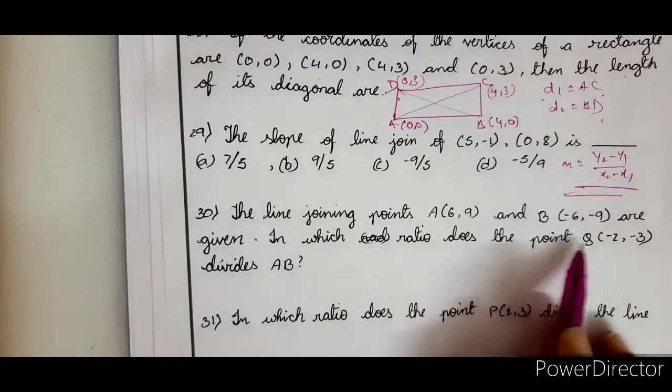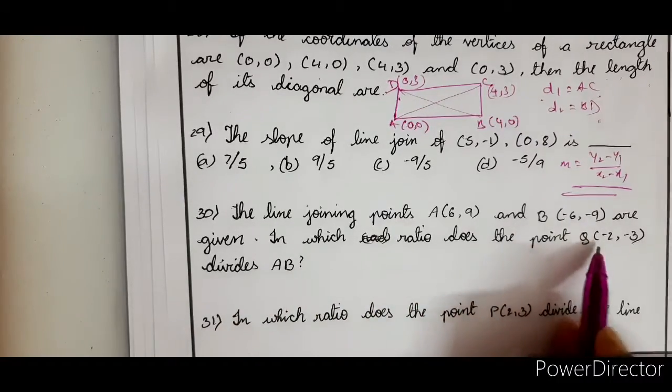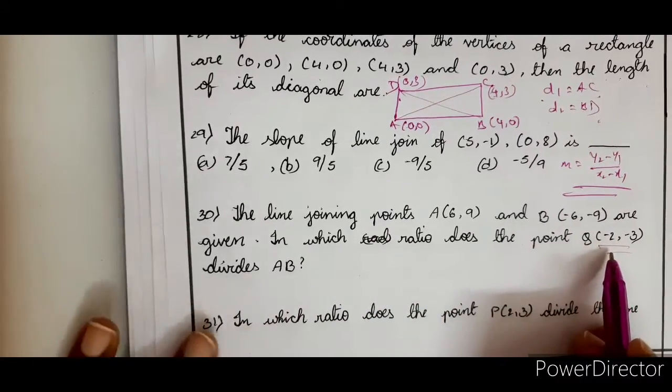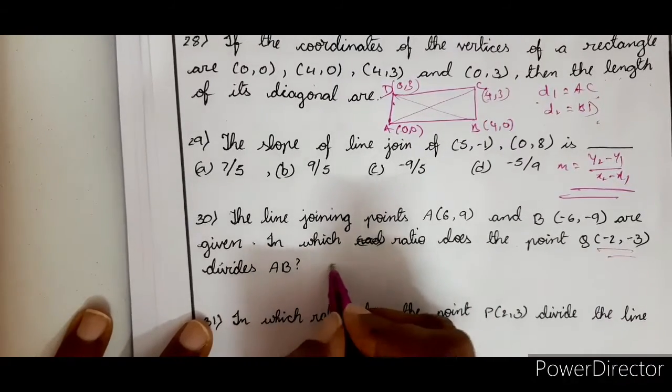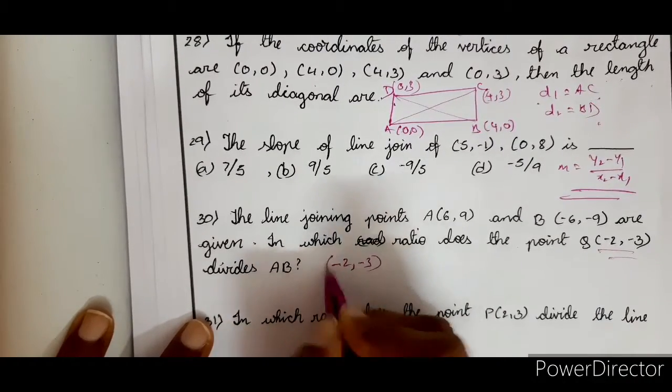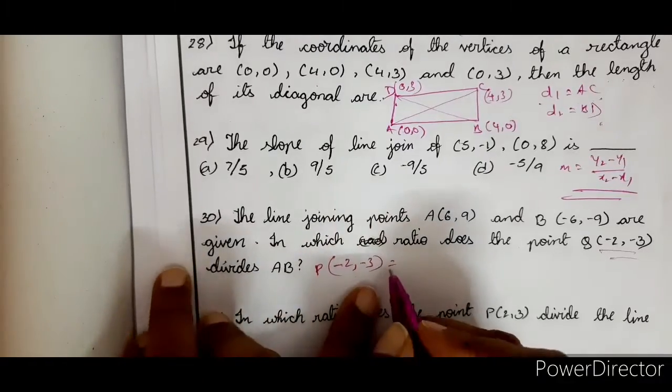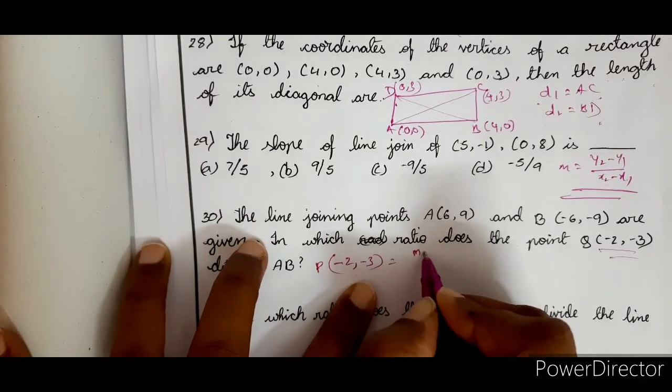The line joining the points A, B is given. In which ratio does the point divide AB? So what is the point? Minus 2 comma minus 3. P of x comma y is equal to, you have the relationship, right?